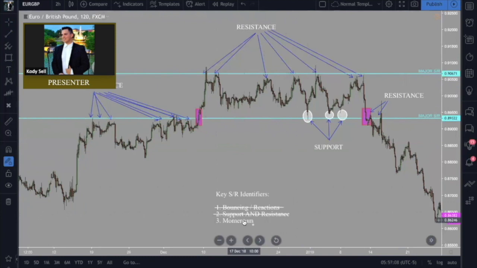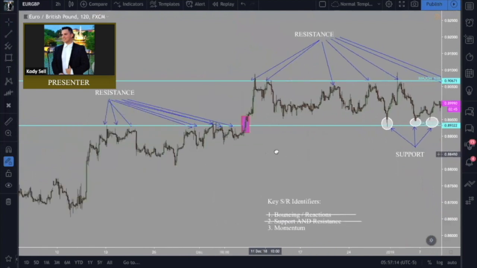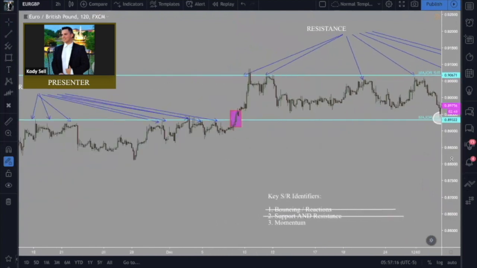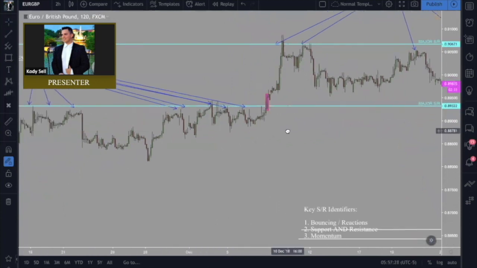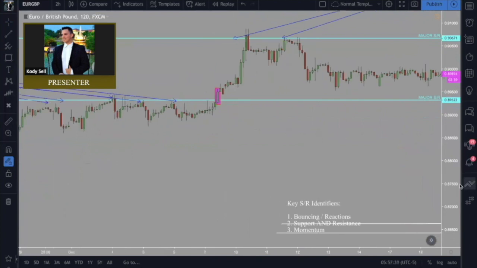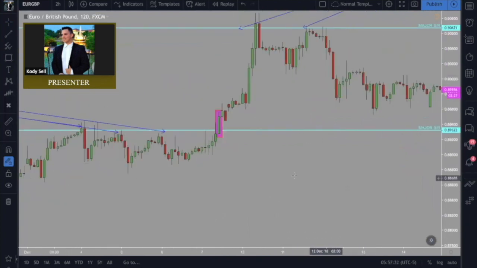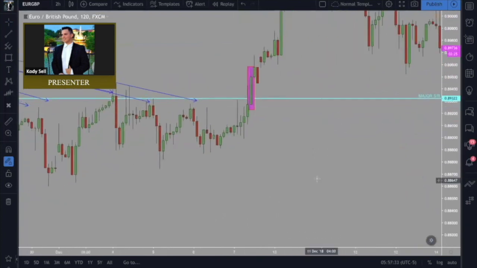So did it take a lot of momentum to break through the level? If you zoom in over here and you take a look at this, you'll see that this candlestick right here, this candlestick was actually a pretty decently sized candlestick if you compare it to the other candlesticks around it. So let's zoom real in here. Let's zoom on in.